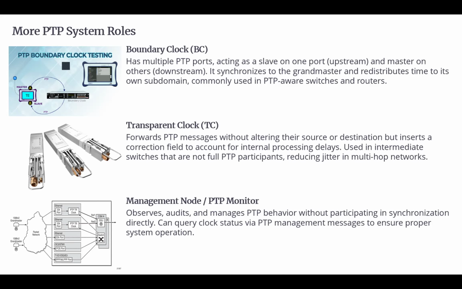Imagine a mail carrier who doesn't open the letter, but writes on the envelope how long the letter was delayed inside the post office. You can find transparent clocks in modern Ethernet switches that are not fully PTP aware, and they are a part of our wide area networks.